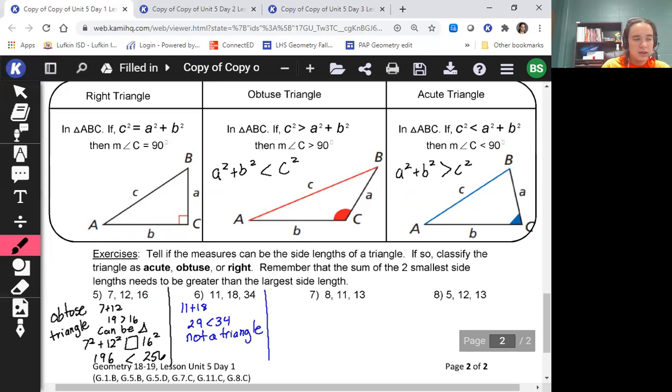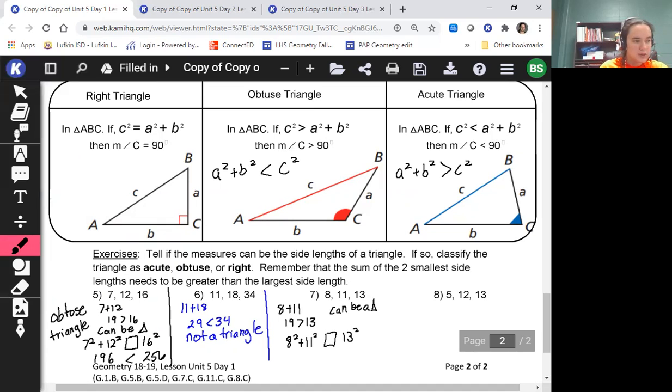Our next one, again, adding our two smallest. So 8 plus 11 is 19. 19 is greater than 13, so this can be a triangle. So we can keep going. Add 8 squared plus 11 squared. Again, putting a box because I don't know if it's greater than, less than, or equal to 13 squared.